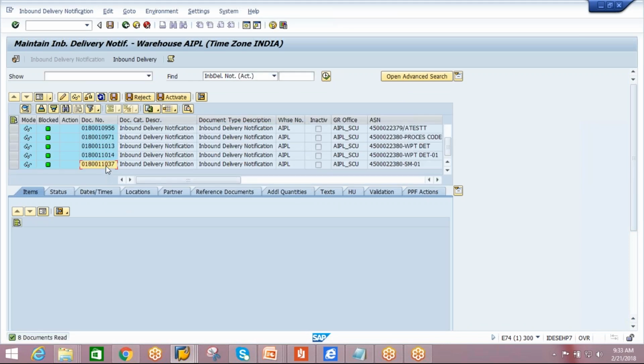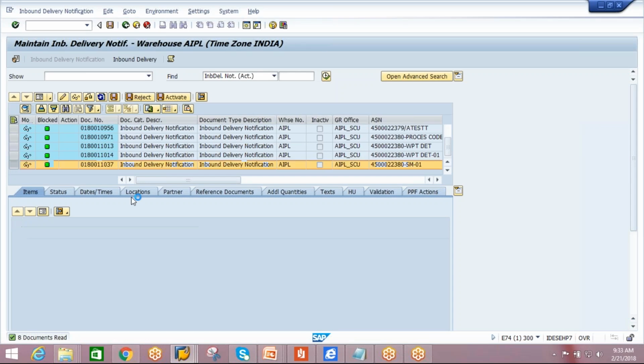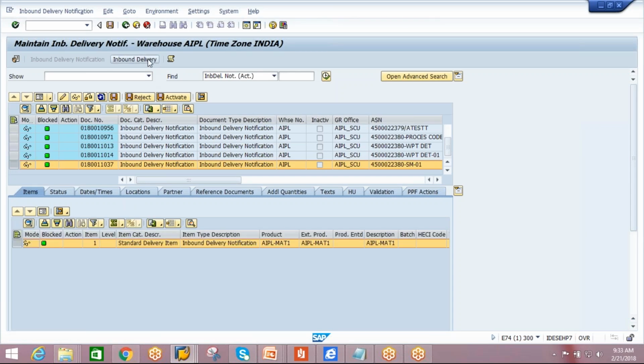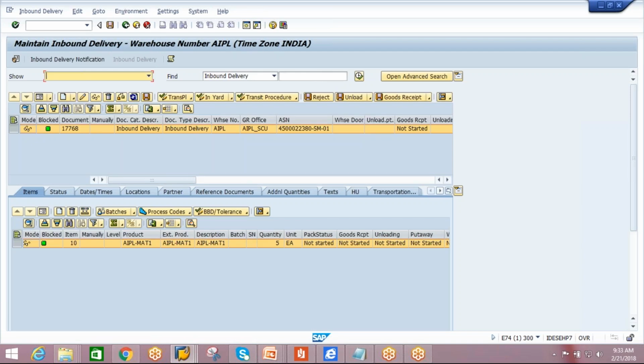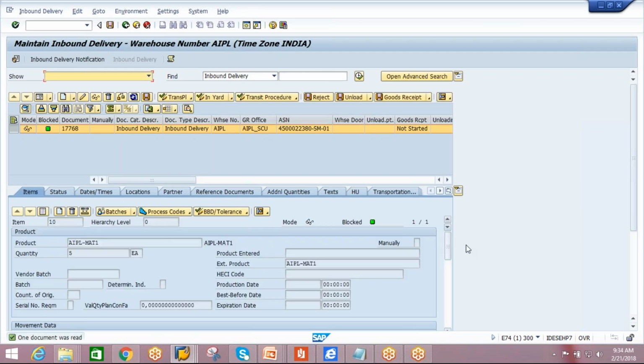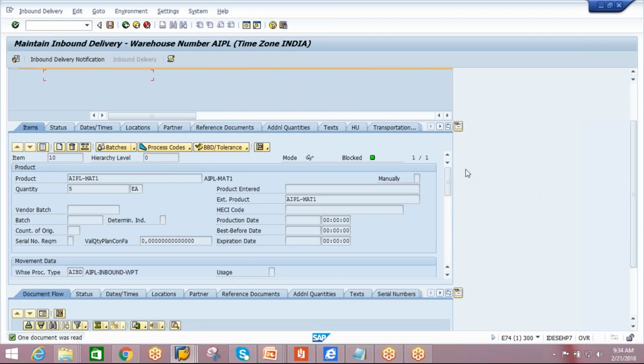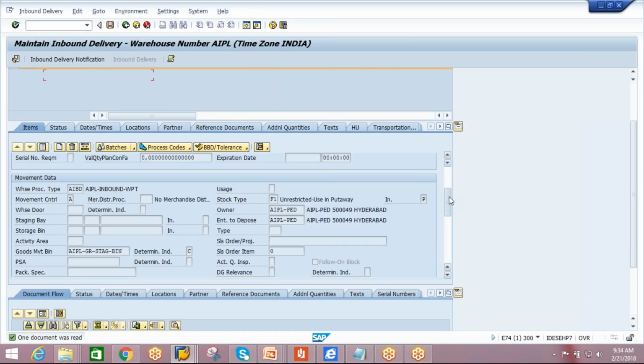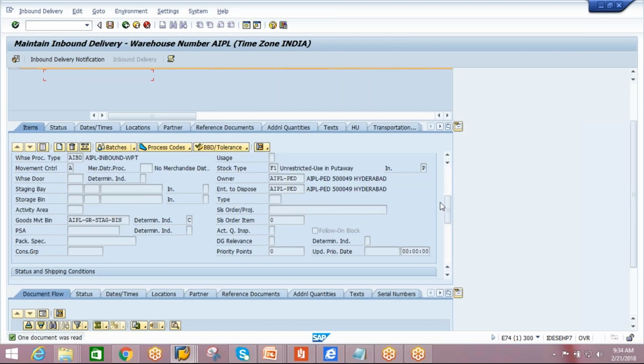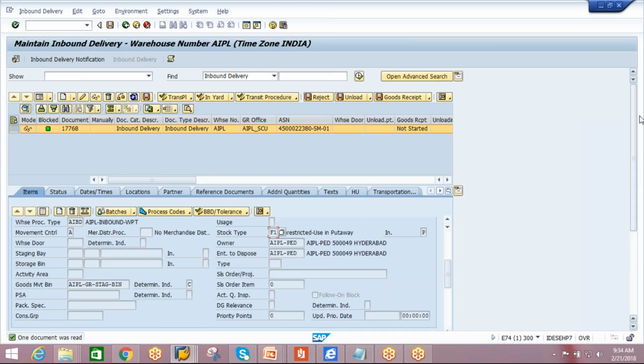This one. Go to inbound delivery. Okay, just to have a look. Again, we discuss. Here it is showing F1. Have a look, we will discuss later. I am doing goods receipt.